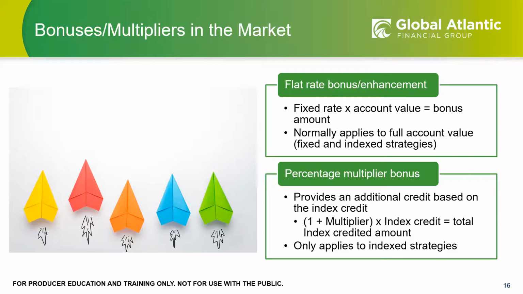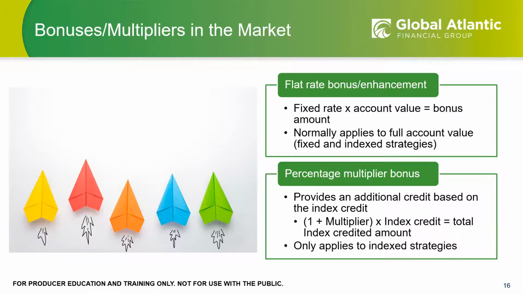The percentage multiplier bonuses are a little bit newer. These sit out there. They provide additional credit based on the index value. So it's 1 plus the multiplier times that index credit gets the total index credit amount. Now, these only apply to index strategies.